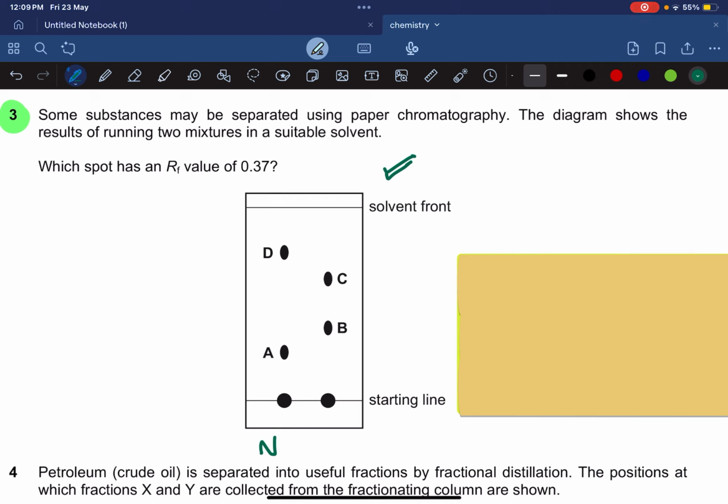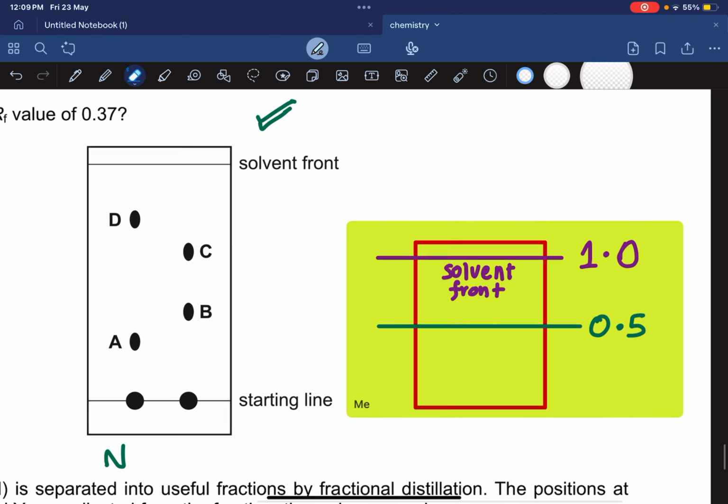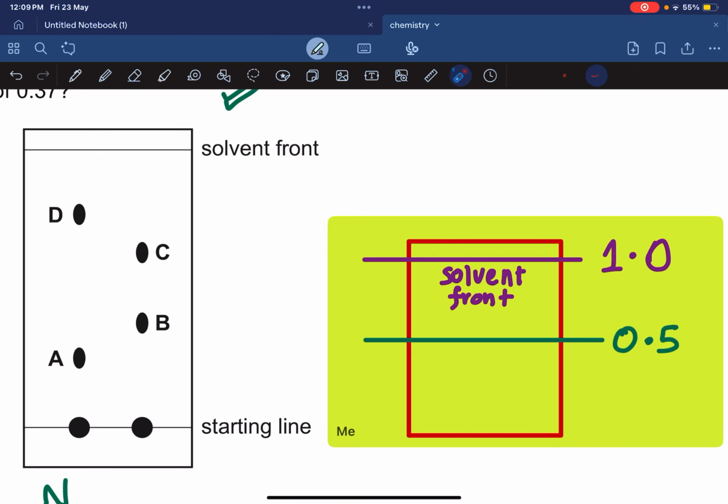But you need to understand one thing. A very core concept over here is this. Look over here. This is the core concept in the entire question. Always remember that you cannot have an RF value greater than 1. An RF value greater than 1 is impossible.